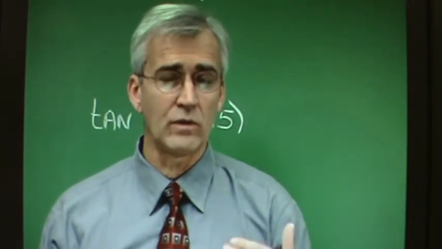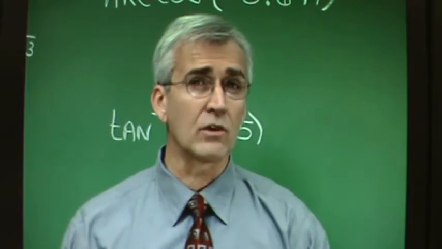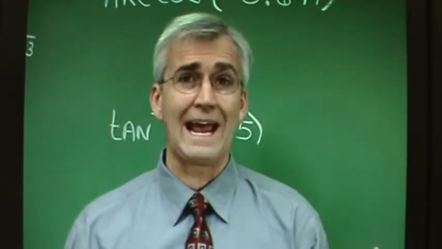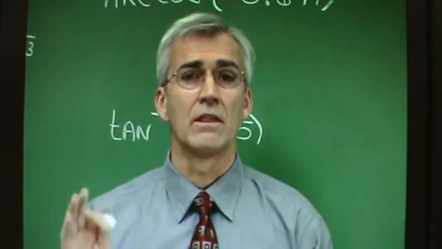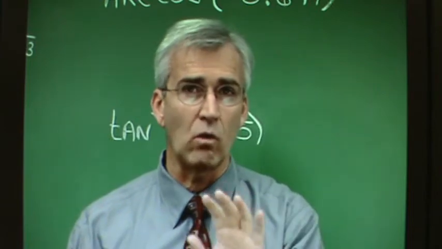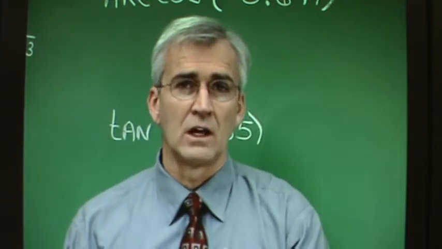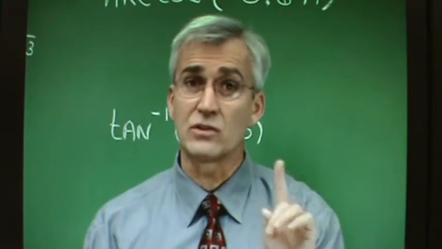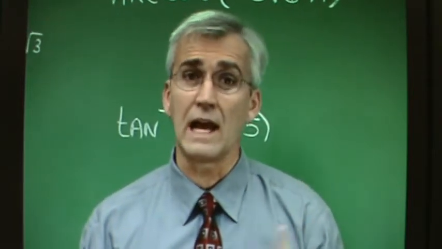And we know that in the world of inverse functions we're talking about angles that appear only in the first and second quadrant for the inverse cosine. All right, and therefore this is going to be a second quadrant angle.